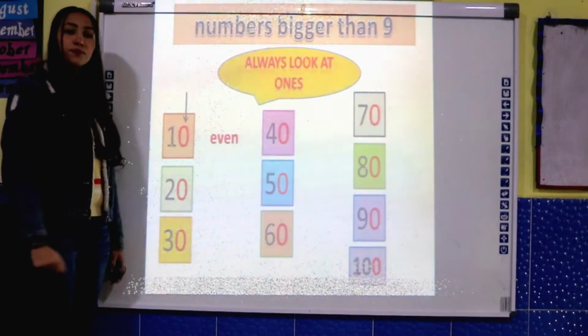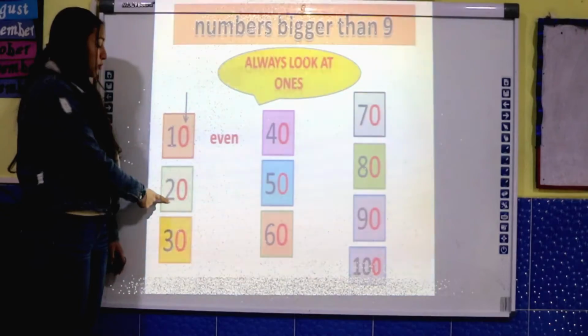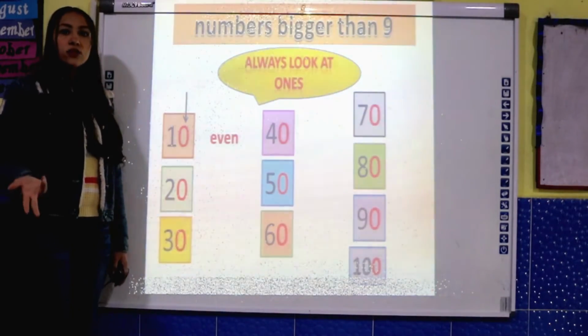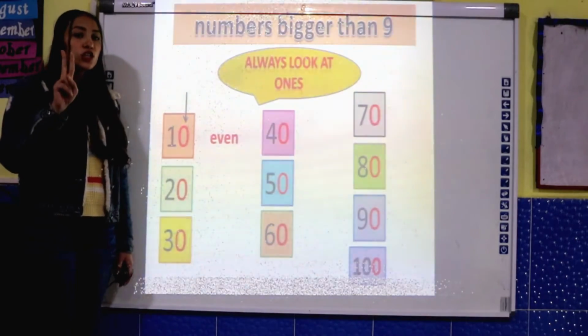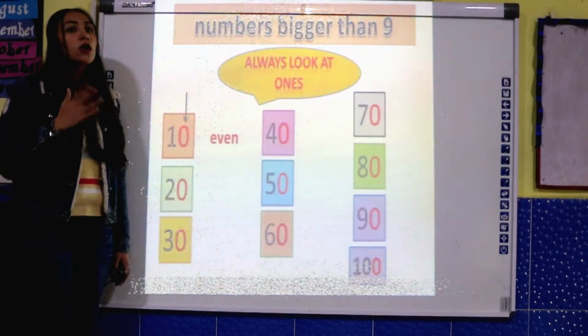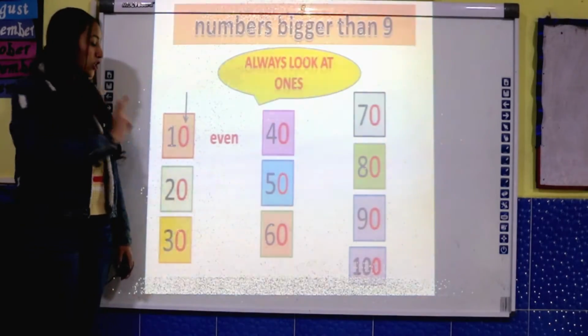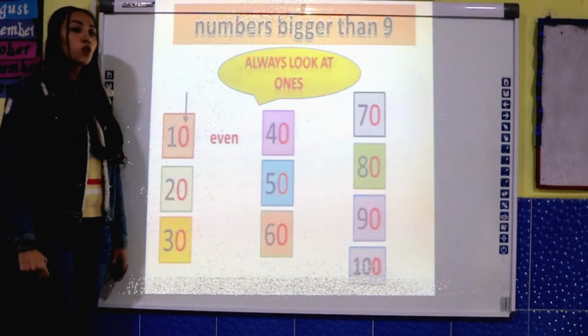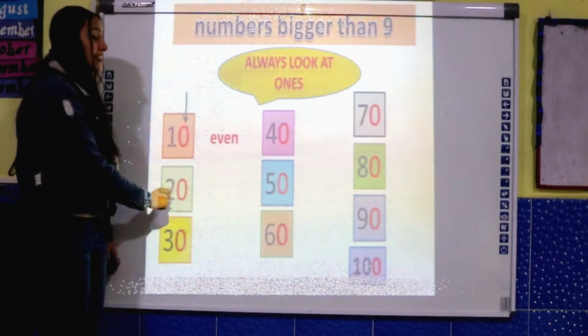What's this number? 20. 2 beside 0 makes number 20. Okay, 20 is more than 9. It consists of two digits. How could I know if it's an odd number or an even number? Look at ones. Two-digit numbers, look at ones. Which number do I have here in ones? Yes, 0.